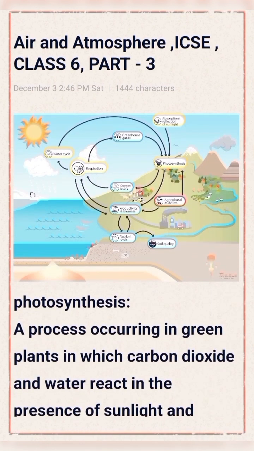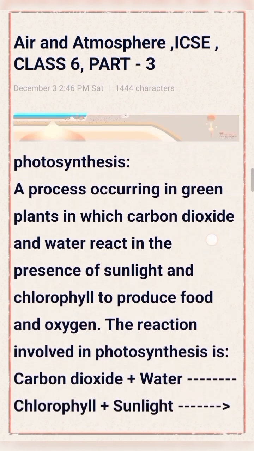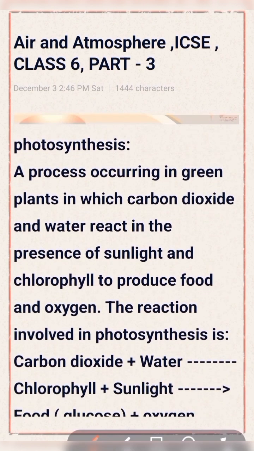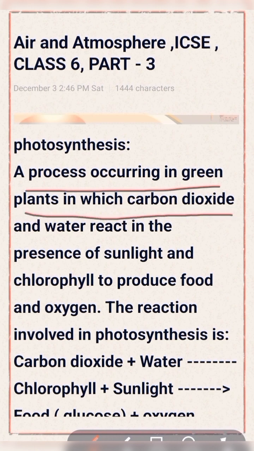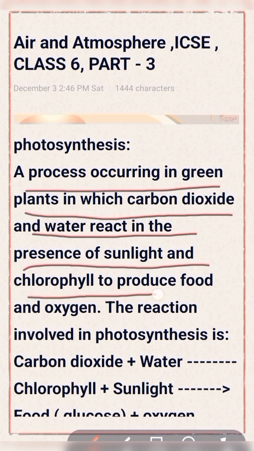Next part, photosynthesis. It is a process occurring in green plants in which carbon dioxide and water react in the presence of sunlight and chlorophyll to produce food and oxygen.